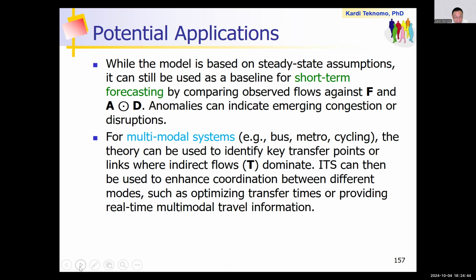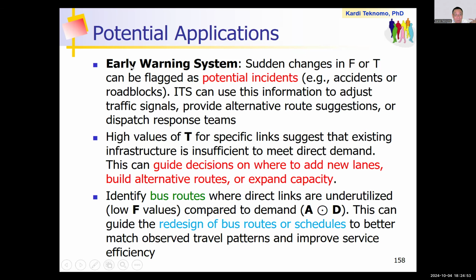Based on this model, you can also build an early warning system. When there is a sudden change in the flow, or in the T, then you know there is a potential incident, accident or roadblock. If this is connected to traffic signals, then you can provide an alternative route, for example.